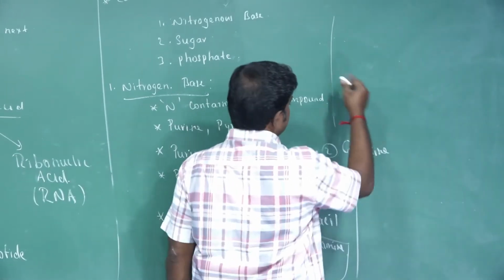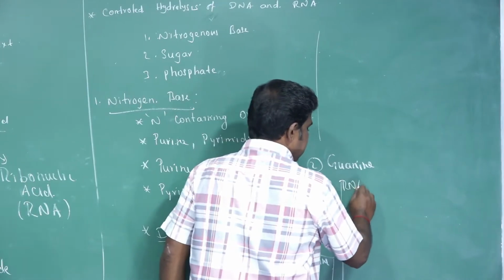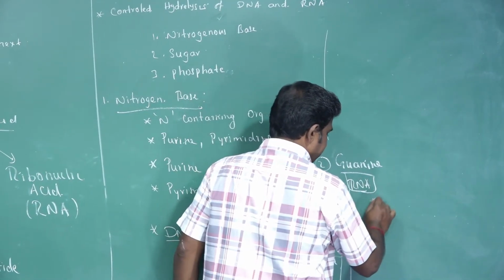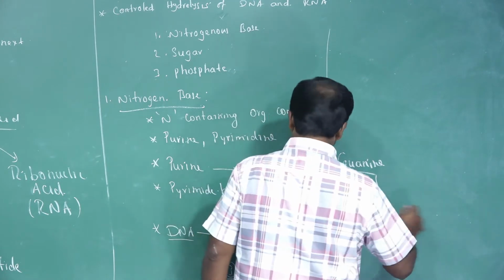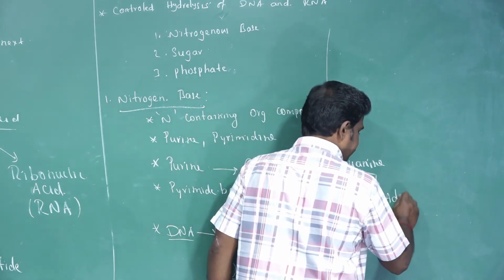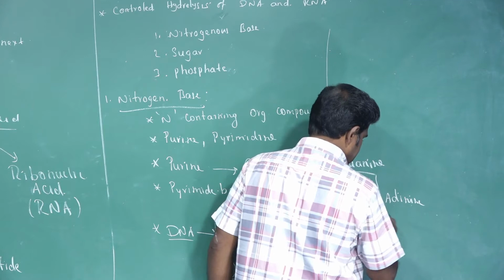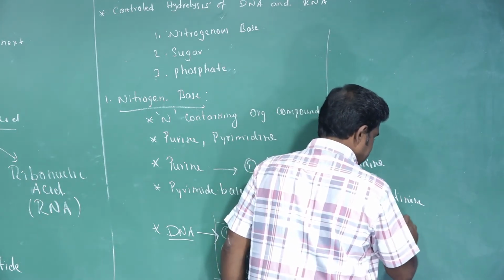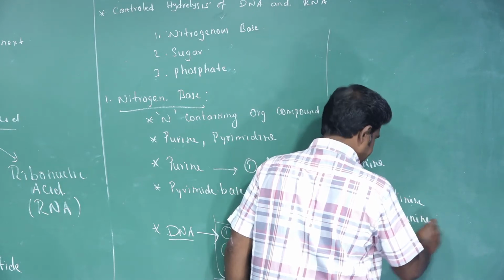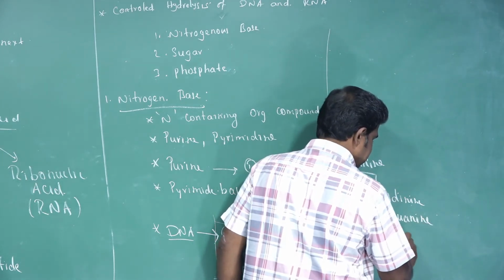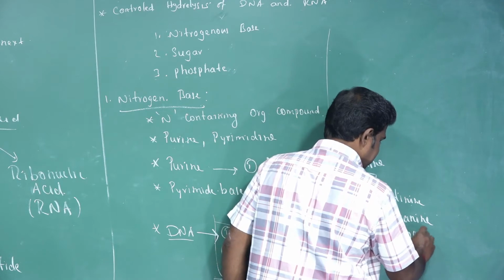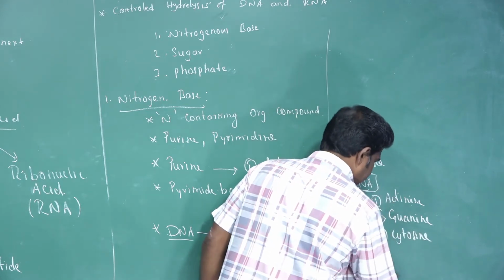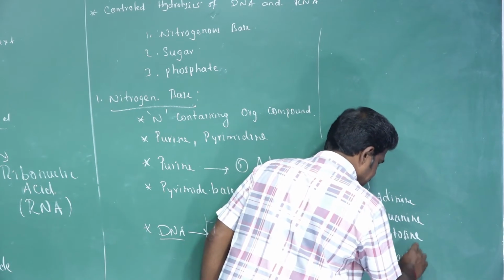RNA contains adenine, guanine, cytosine and uracil.